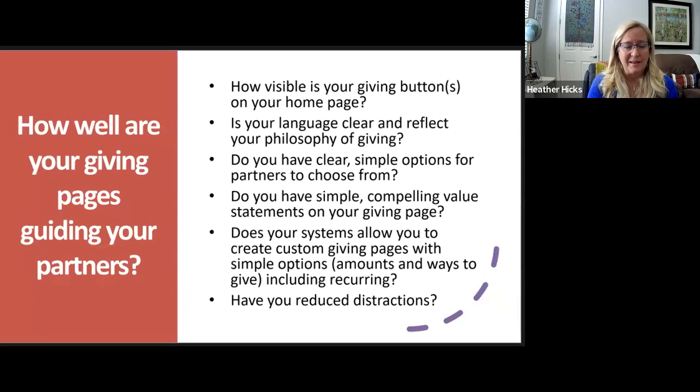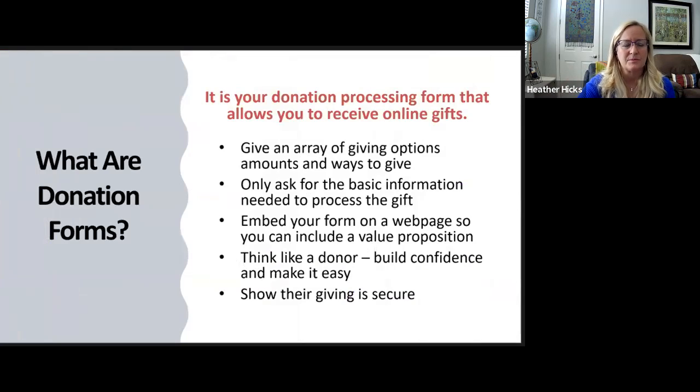Does your system allow you to create customized giving pages that fit your donors' needs and guide them to the right giving pages to make their gift to you? And have you reduced distractions? Think about what that would look like, and be aware of those distractions. This is just a checklist you can use to go back and do some of your own mystery guest evaluation of your giving pages.